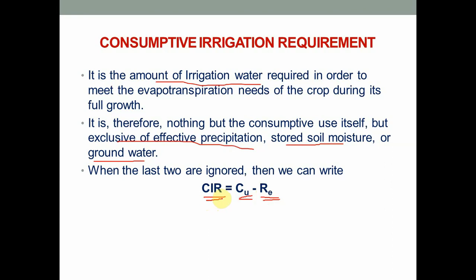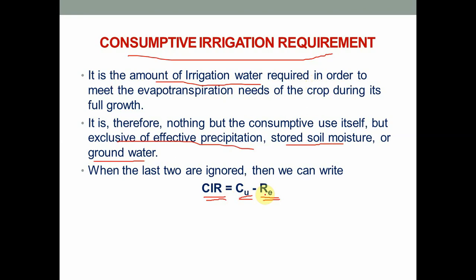So what is irrigation water requirement? It is nothing but consumptive irrigation requirement, CIR, which is consumptive use minus effective rainfall. I hope you understood this. Okay, what is CIR? It is the amount of irrigation water required in order to meet the evapotranspiration needs. So it is nothing but consumptive use minus effective rainfall.